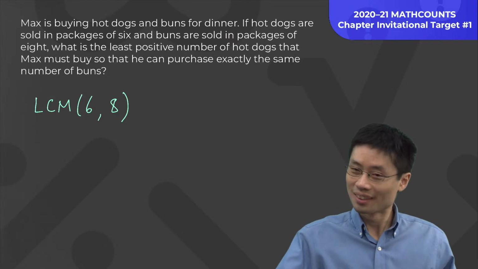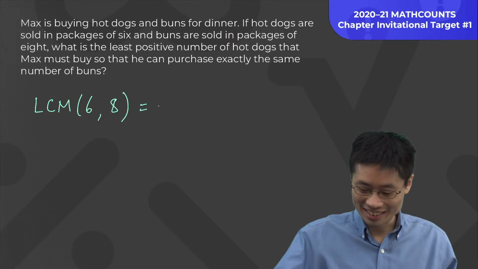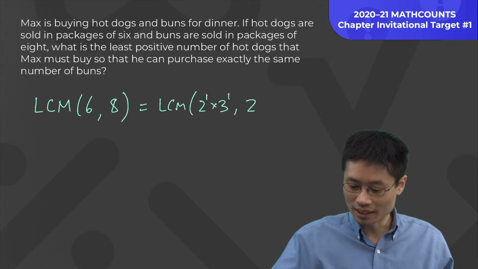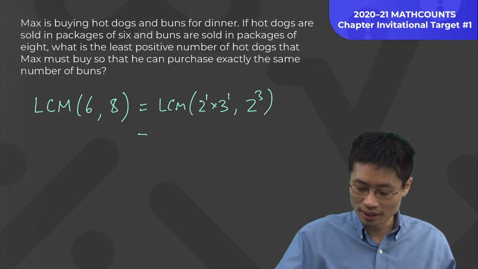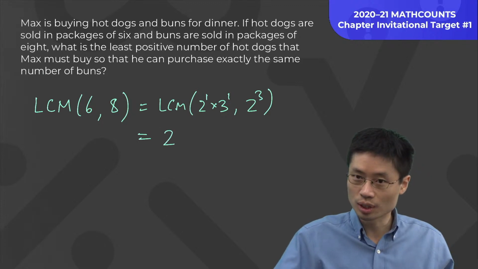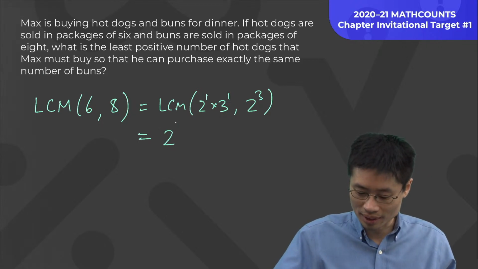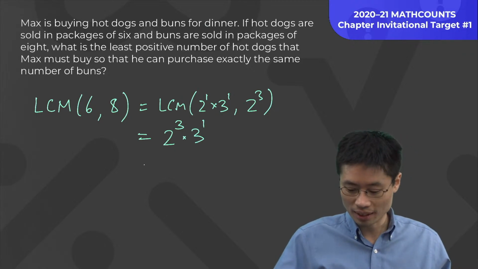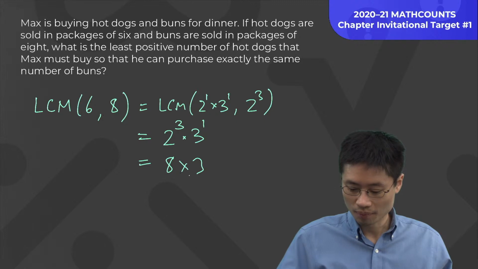Well, actually, we saw something at the end of the last session, which is 6 is 2 to the first times 3 to the first, and 8 is 2 cubed, and so the LCM is 2 to the power of the bigger of the two powers that we see. So 2 cubed times 3 to the first, and that's 8 times 3, which is 24.